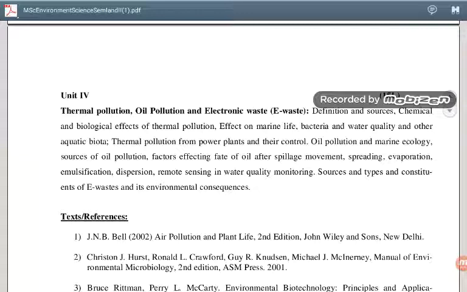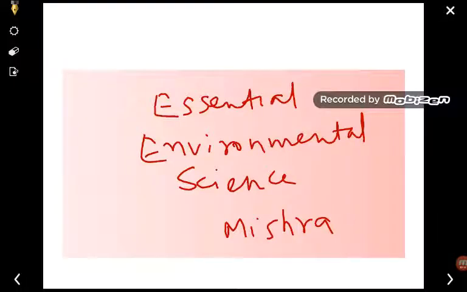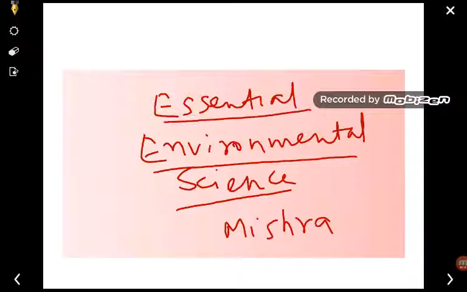And for the references, you can refer to the book Essential Environmental Science by Mishra. If you buy this book, it costs merely around 400 to 500 rupees.